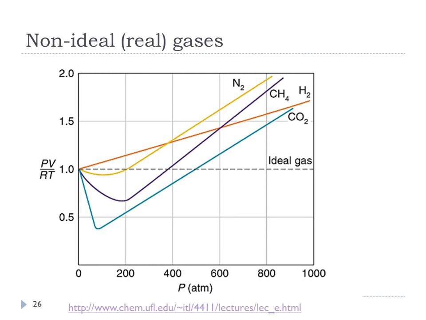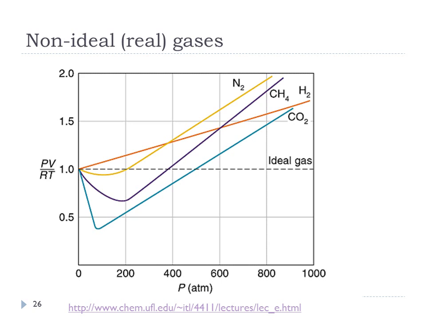The volume that it takes up is less, and if you're at that little bend in it, it's less by over a factor of 2, the volume taken up by the gas than what you would expect for an ideal gas. So what it's saying here is there's actually some intermolecular attraction that is keeping the molecules closer together than what you would have expected if it was an ideal gas, with no attraction.